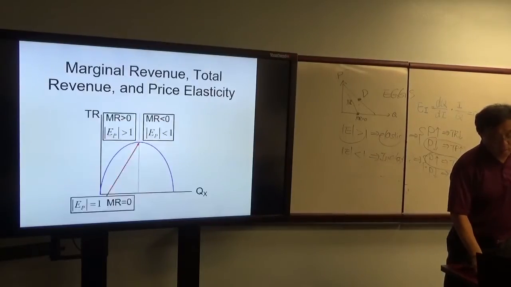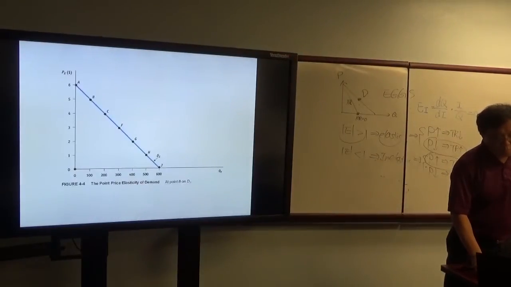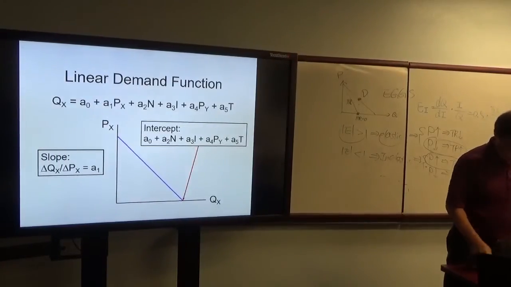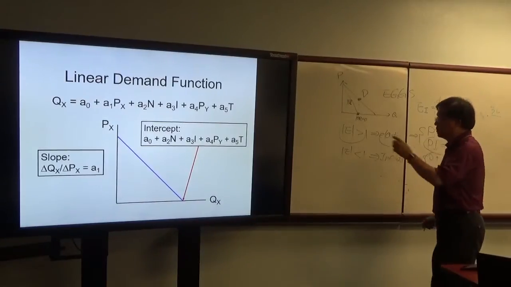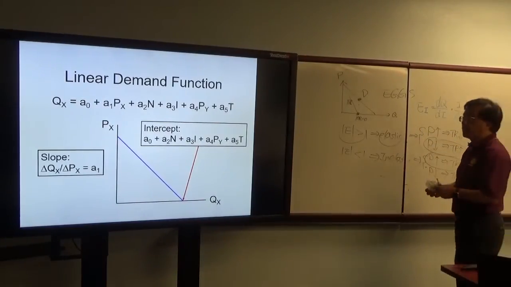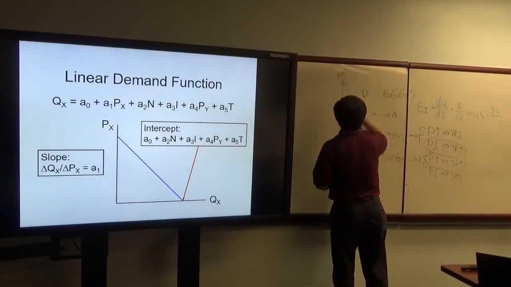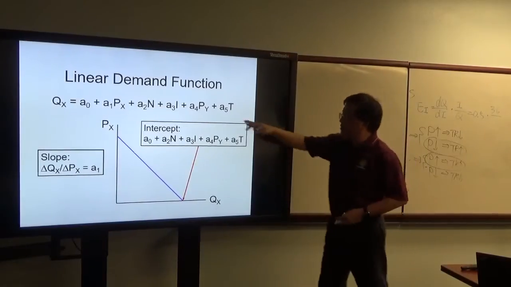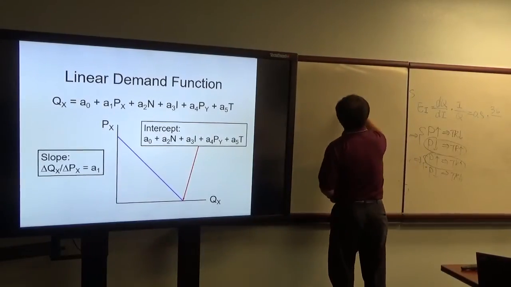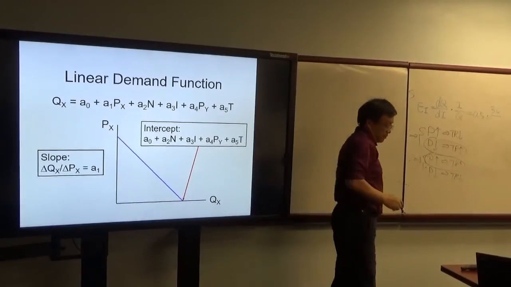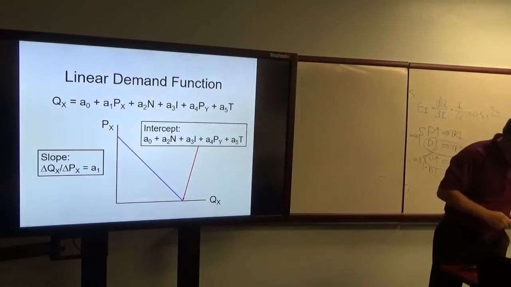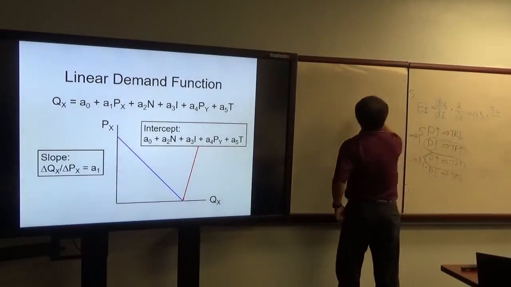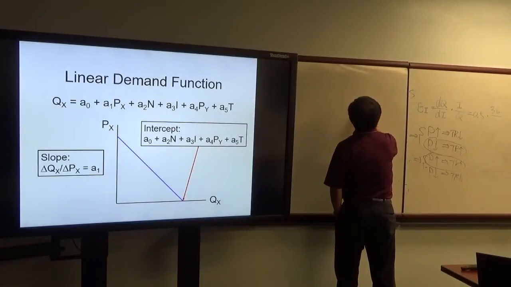Let's go back all the way. For this function, how do you find the cross price elastic demand? You take a derivative. Given this function, the notation is Exy.